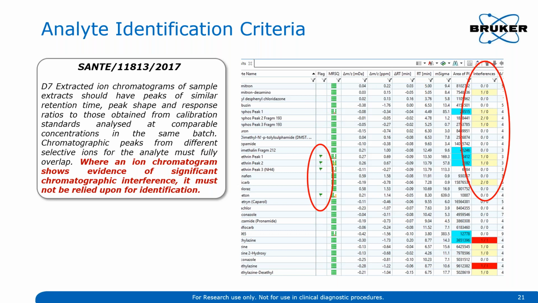And by the way, the European regulation, so-called SANTE 11813, states that ion chromatograms showing significant interference cannot be relied upon for identification. And that, of course, could be a problem. However, it's possible to resolve such cases by using 2 or more diagnostic ions with mass accuracy of at least 5 ppm. And TargetScreener, of course, is capable of mass accuracy of 1 ppm or lower and can do it quite easily.